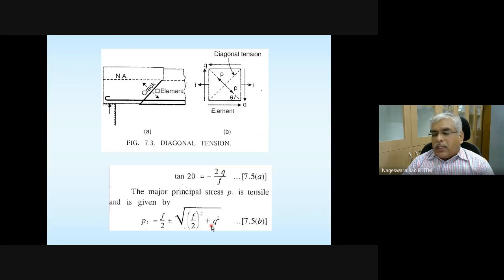In the previous slide, small v is used in that place, or you can replace this with small v to be consistent, because this is taken from a different source. Please note that I made these slides by taking important ideas from different sources. That's why this notation difference is there. So please take note of this equation. The plus or minus sign is there. Plus is the major principal stress, minus is the minor principal stress.